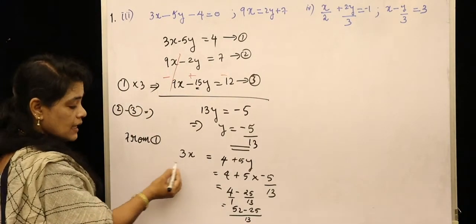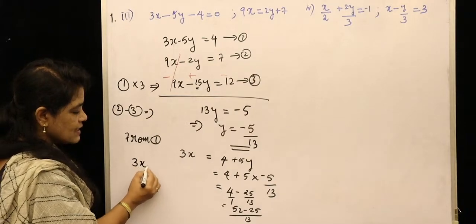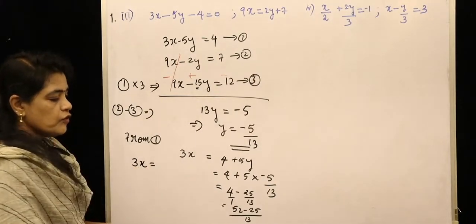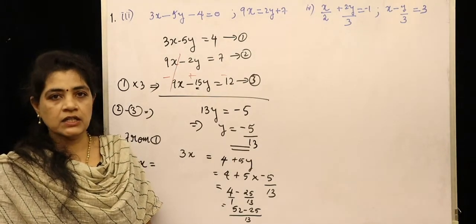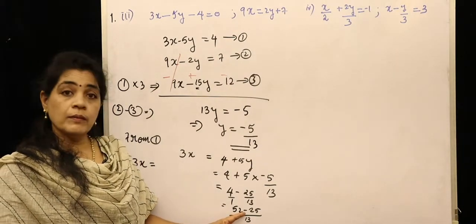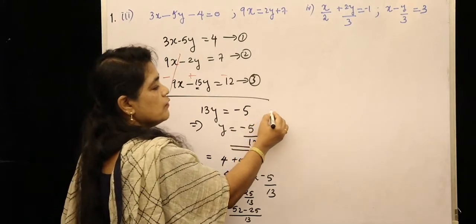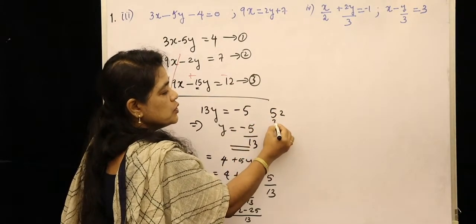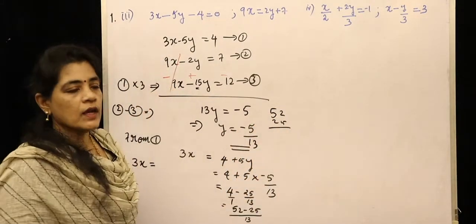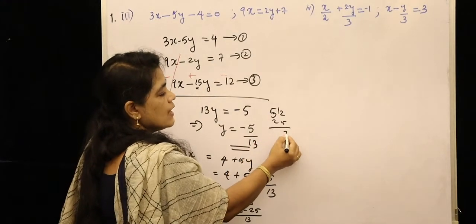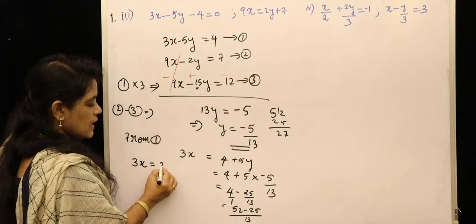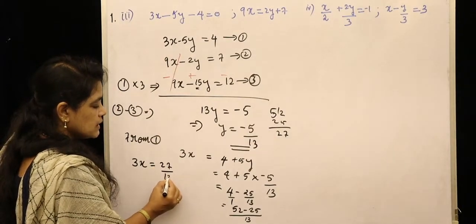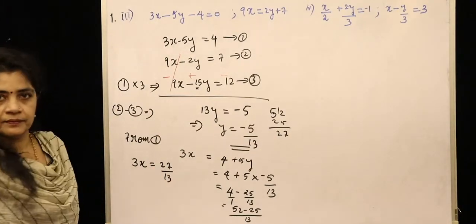We have 3x on the LHS, which can be equated to 52 minus 25 over 13. By subtraction, we can subtract this 25 from 52, so you will get 27. So 27 divided by 13 is 3x.